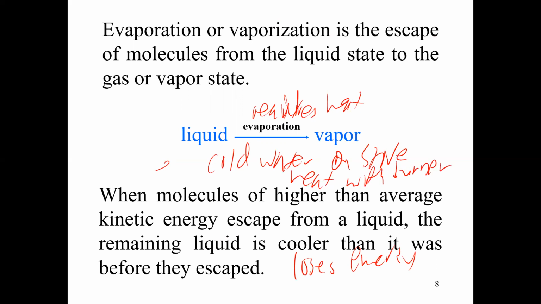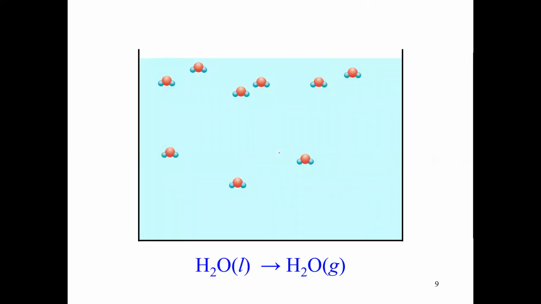To keep it boiling, you've got to provide energy to do that. The remaining liquid is cooler than it was before they escaped. So essentially the kinetic energy leaves the liquid and goes to the gas. Here you've got liquid water going to a gaseous state, going up above. It's all in liquid form, and then it pops up above it, so you have the gas molecules escaping from the vessel of water as it goes up.